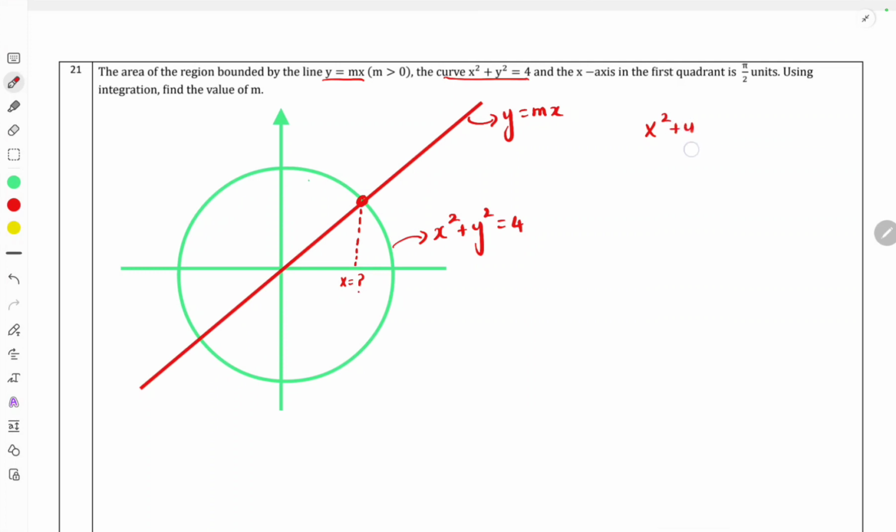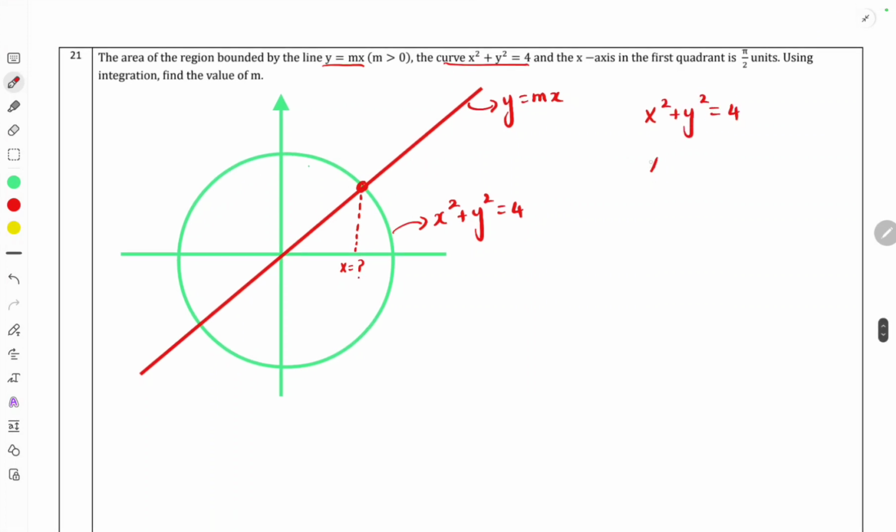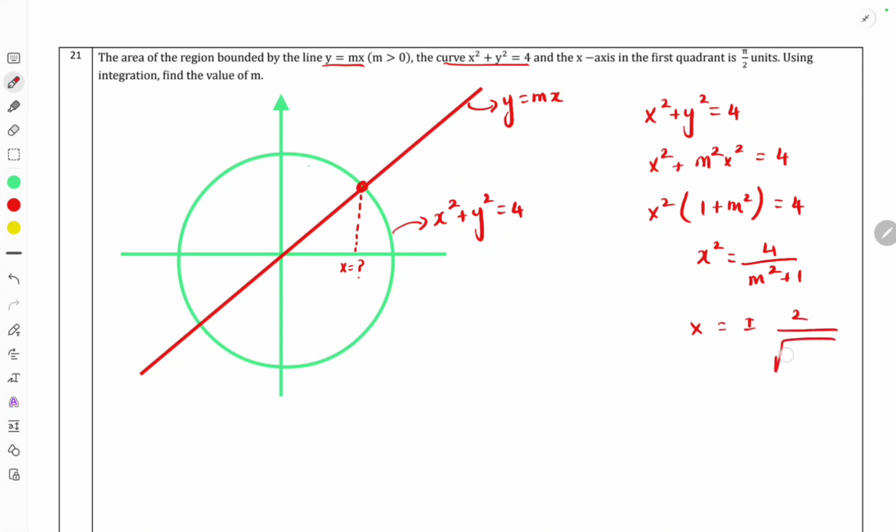So x square plus y square equal to 4. In place of y you can substitute mx. So x square plus mx the whole square, which is m square x square, equal to 4. So x square we can take common, so it will be 1 plus m square, equal to 4. So x square will be equal to 4 divided by m square plus 1. See here, m is positive, so x will be equal to plus or minus 2 divided by root of m square plus 1.